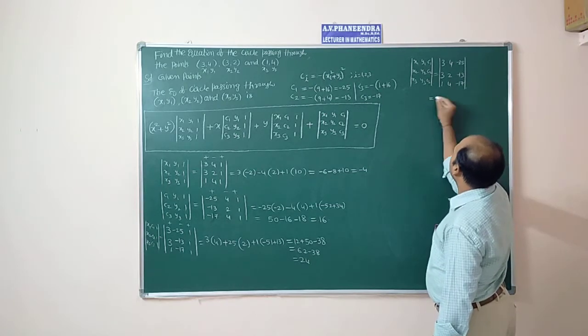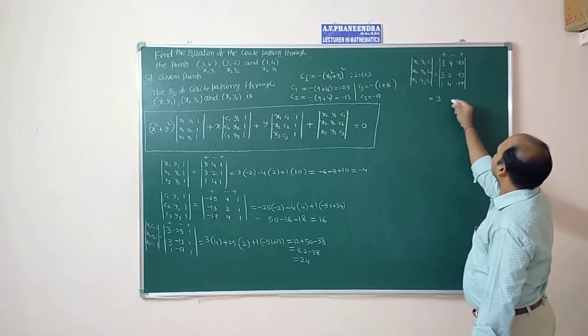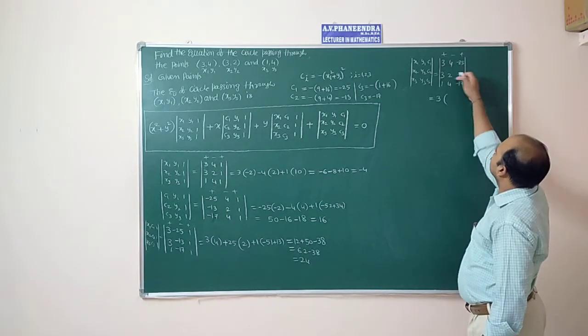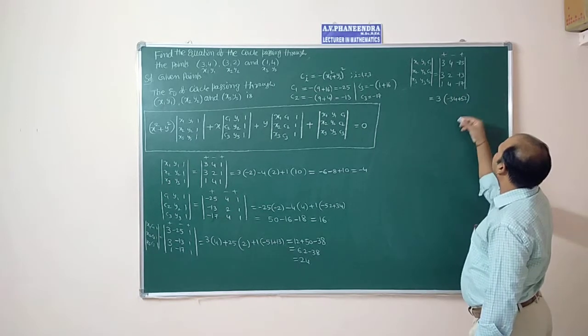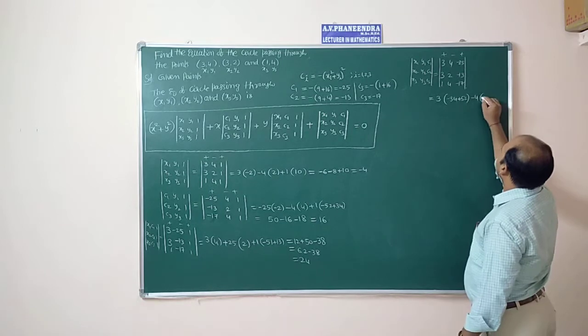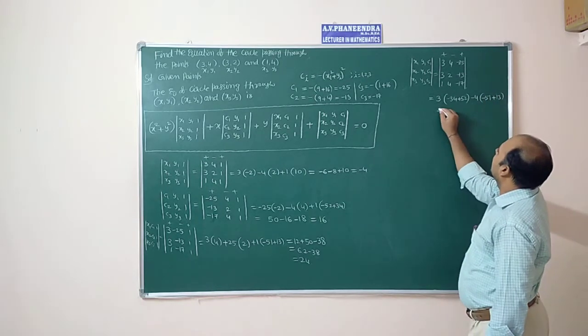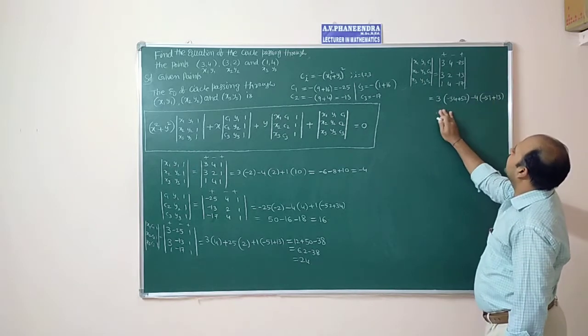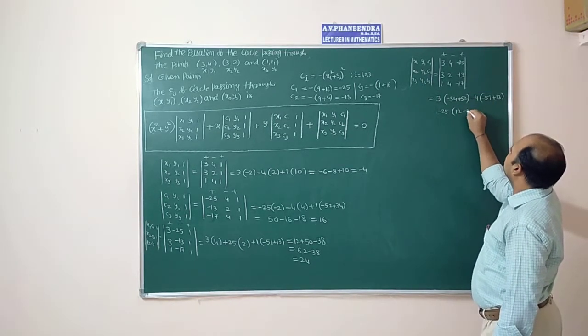So we have to expand: 3 into (minus 34 plus 52), minus 4 into (minus 51 plus 13), minus 25 into (12 minus 2).